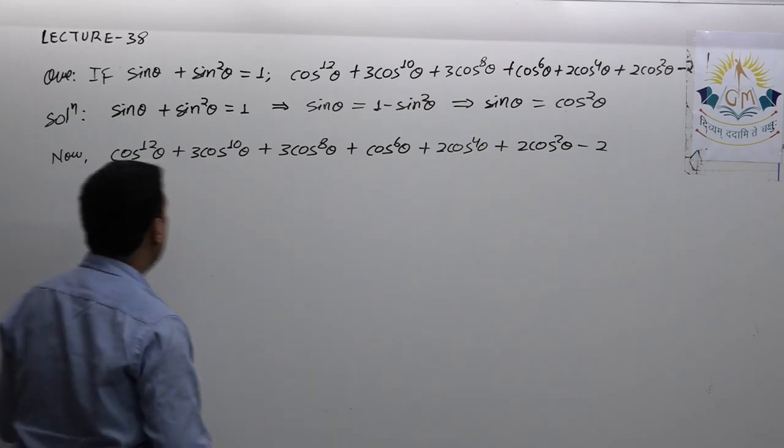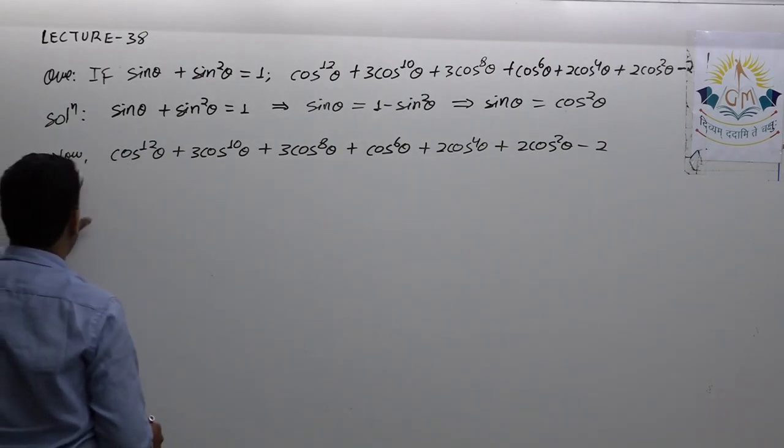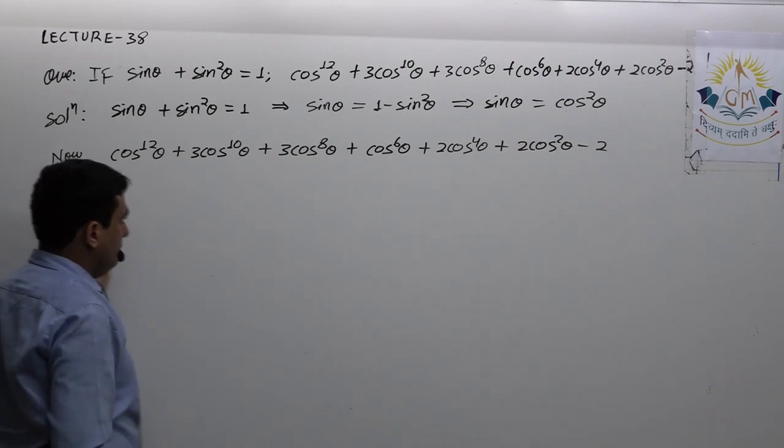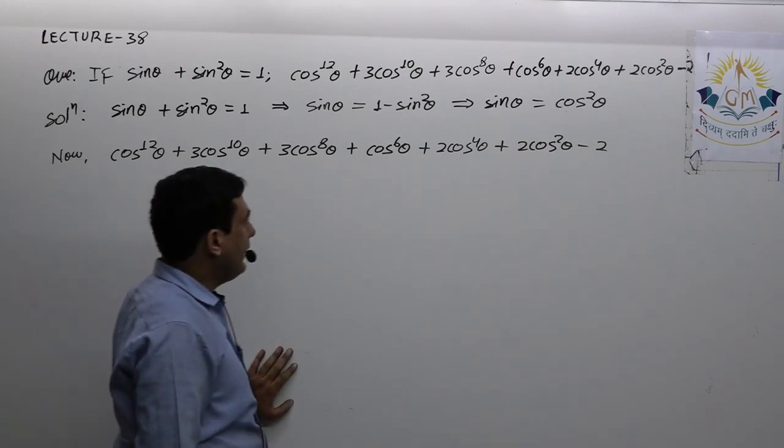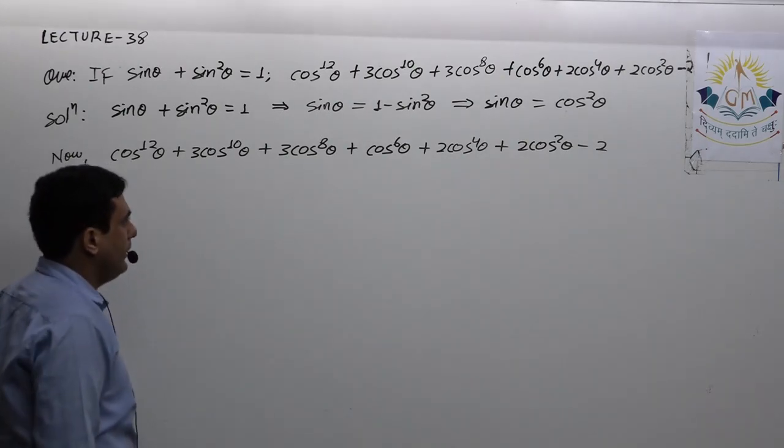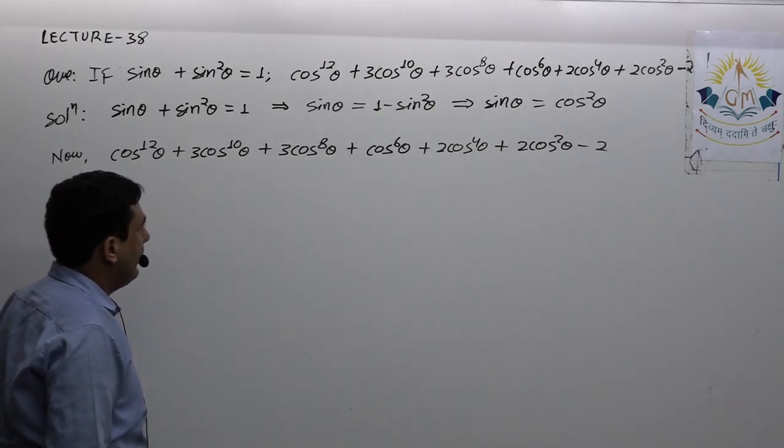We need to find the value of this expression. Okay, so we have sine theta equal to cos square theta. That is the only relation we have between sine theta and cos theta.